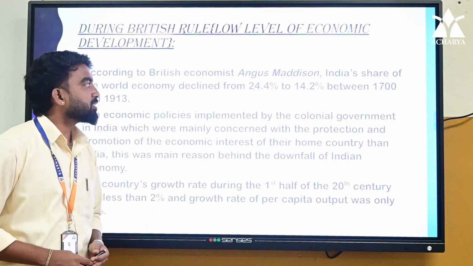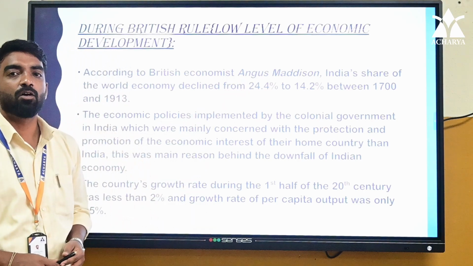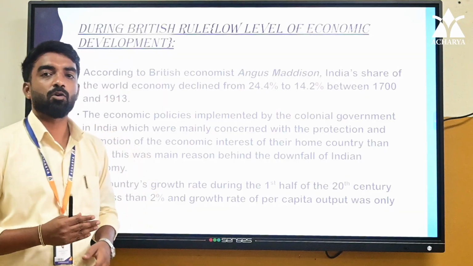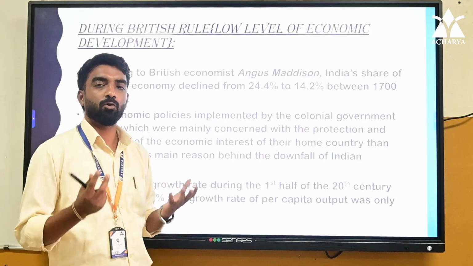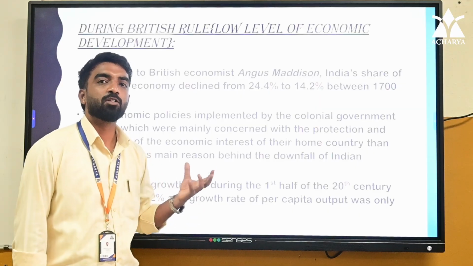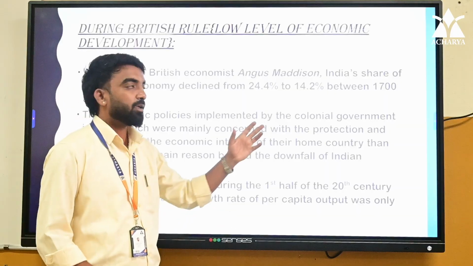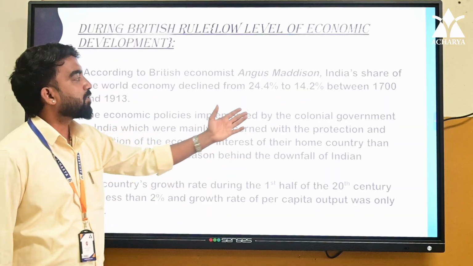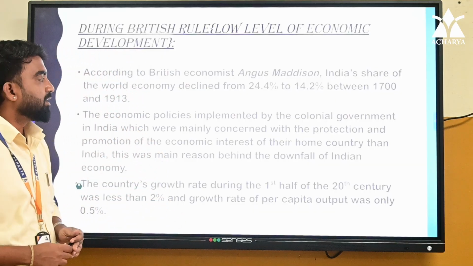According to the British economist Angus Maddison, India's share of the world economy was almost a quarter of the world's economy. For example, if the whole world is earning 100 rupees, 25 rupees was earned in India. In 1700, it was nearly a quarter of the world economy, and it was reduced to 14.2% by the year 1913.